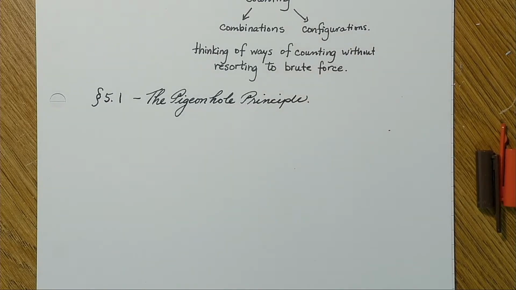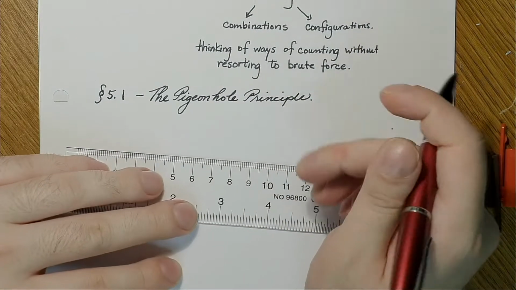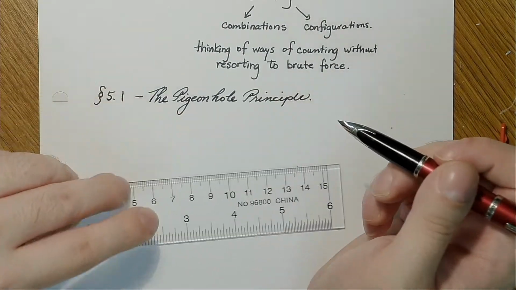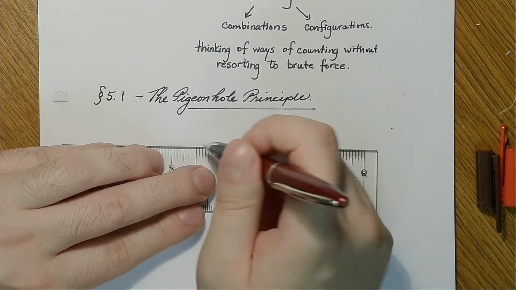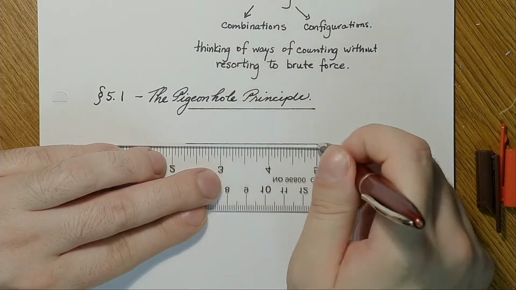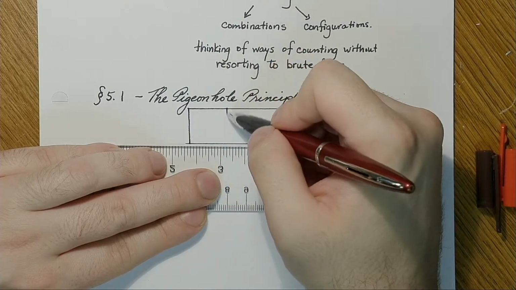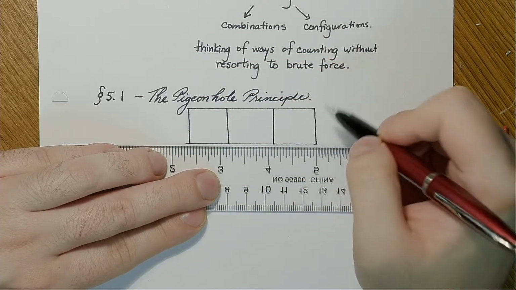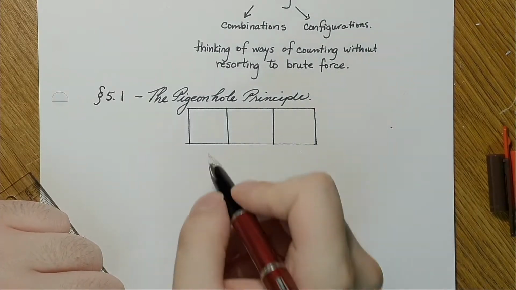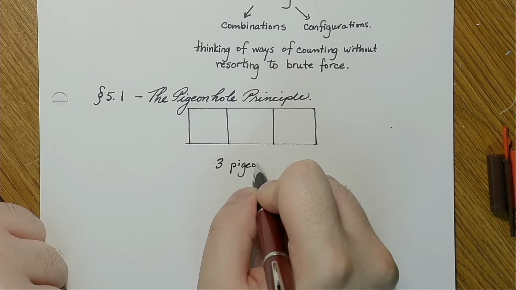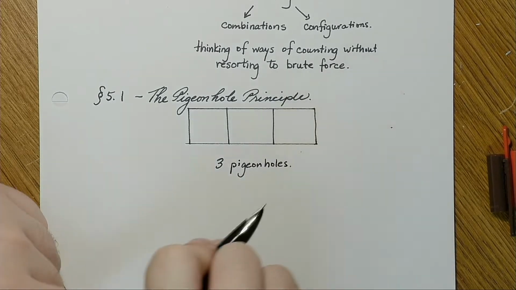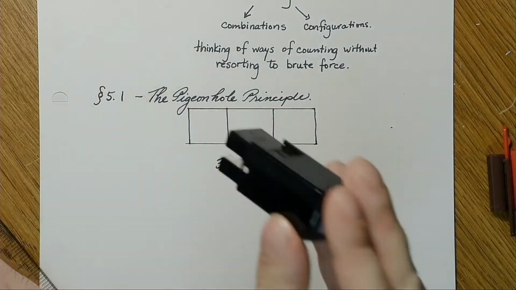It's quite an easy principle to follow along. The idea is, let's say I have 3 boxes. These are like pigeonholes. So I have 3 pigeonholes. And let's say that I have 3 pigeons.